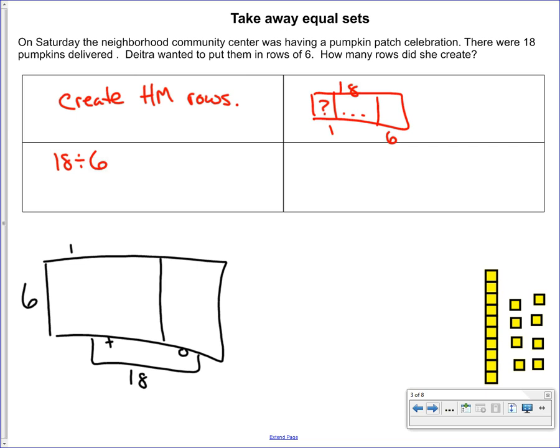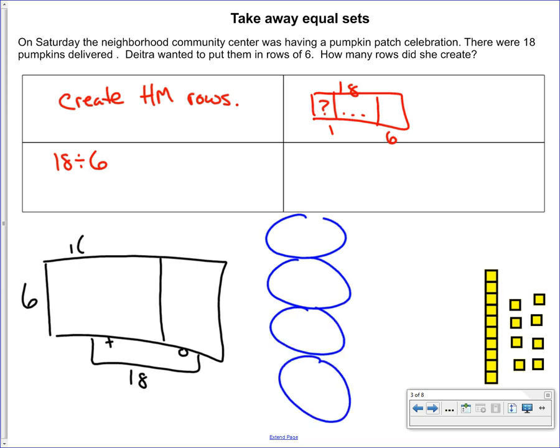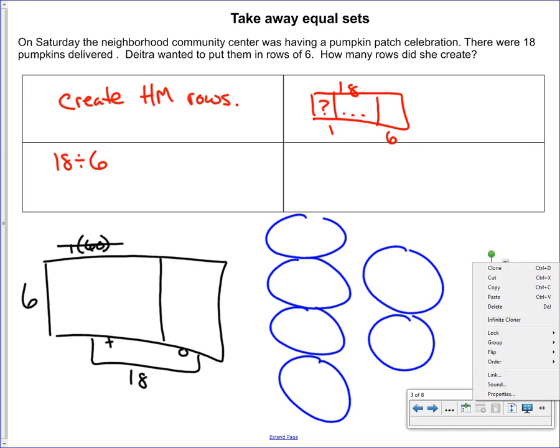If I put one 10 in each of those 6 groups, I guess I should make the 6 groups. 1, 2, 3, 4, 5, 6. There's my 6 groups. If I put one 10 in each of those 6 groups, how many would that be? That'd be 60. That's way too many. I don't have 60. I only have one 10. So what can I do with that 10? I can regroup it.